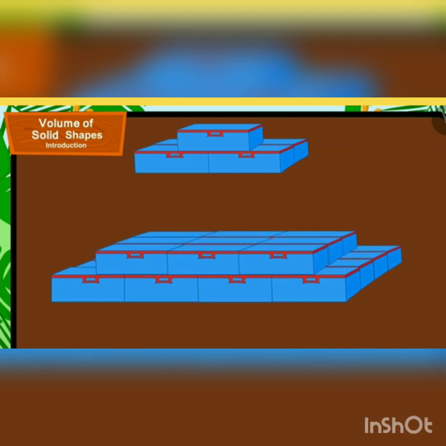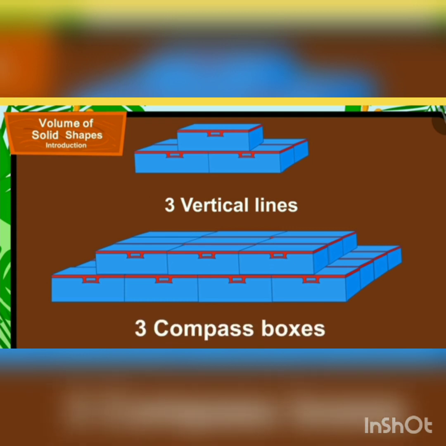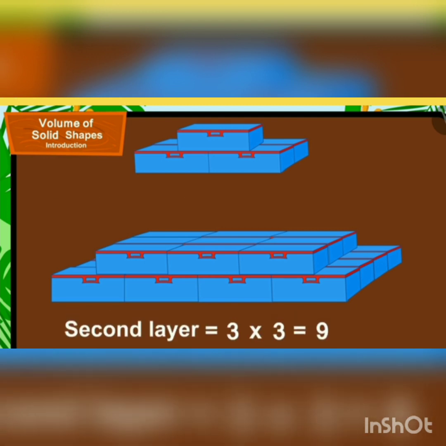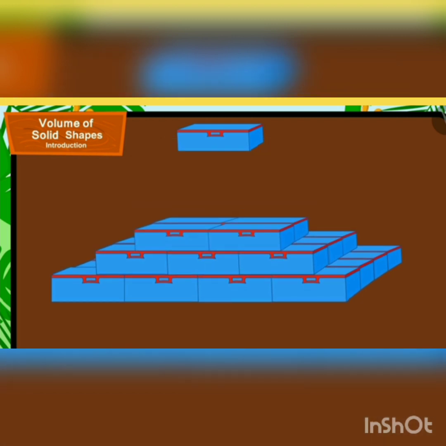The layer above it has 3 vertical lines, and each vertical line has 3 compass boxes. This means the second layer has 3 times 3, that is 9 compass boxes.